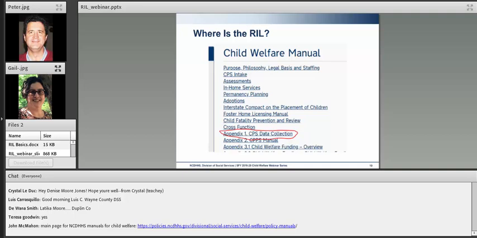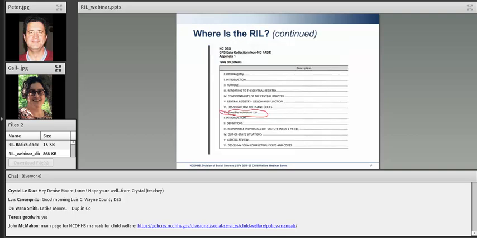Thank you, John, for putting the link there. You'll see Appendix 1 that says CPS data collection. I don't have an explanation as to why it wound up there, except that a big piece of what you're doing with the RIL, getting them on the RIL, is the data entry piece, right? So this is where it lands. Then when you click that, here's the next screen that you'll get. Right? It'll talk about CPS data collection, non-NC FAST, and we'll talk about the difference a little while later.